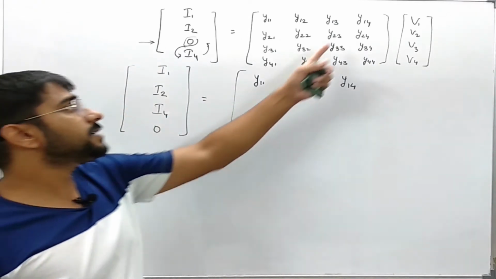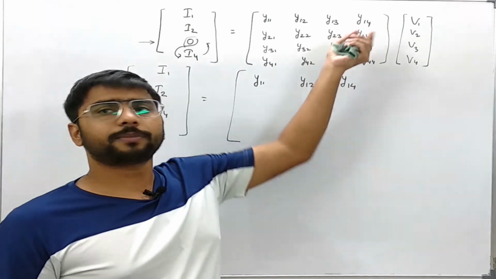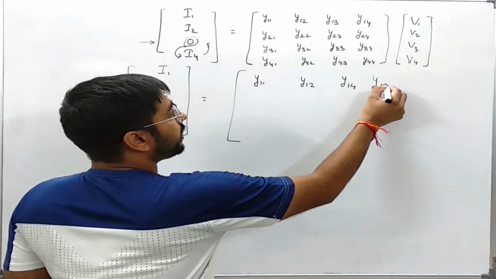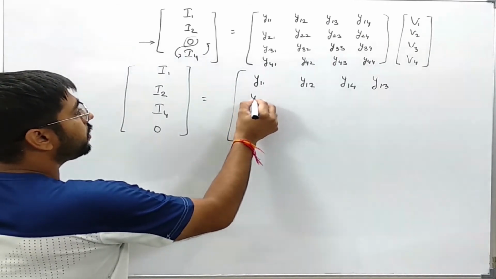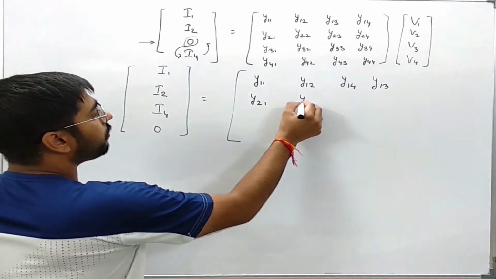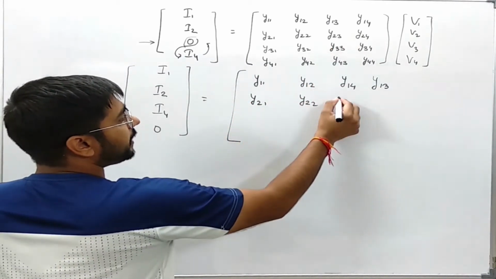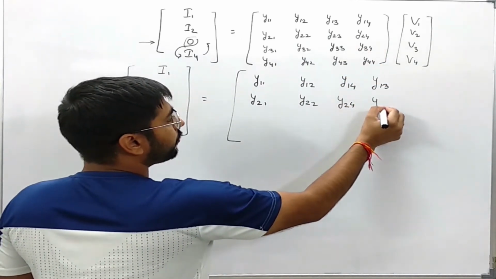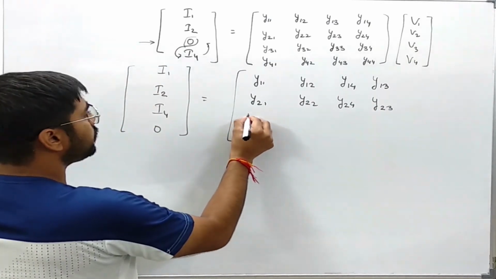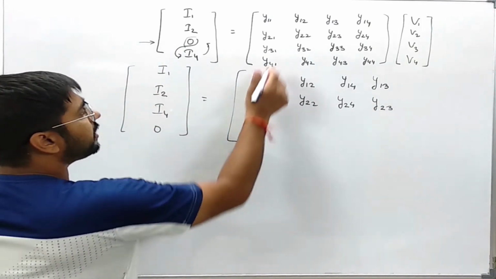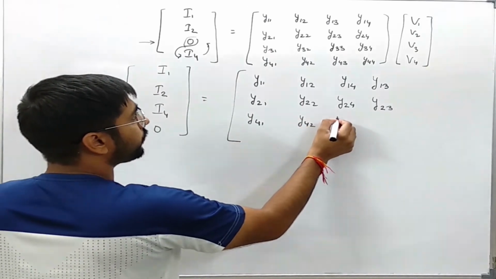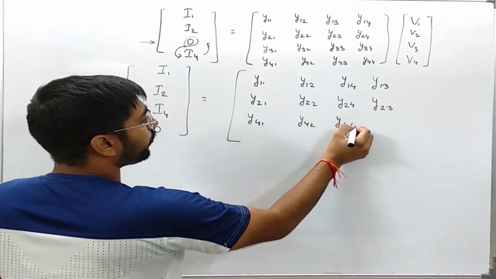That is, I will replace 3 by 4 and 4 by 3. So it will come Y13. Again, Y21, Y22, 3 will be replaced by 4, Y24, and 4 will be replaced by 3, Y23. Y41, 3 is replaced by 4, Y42, Y44.